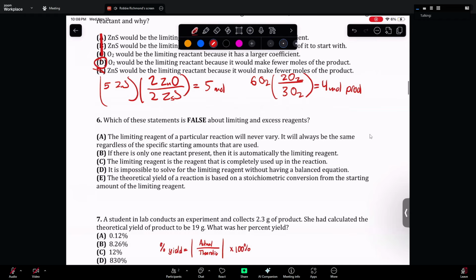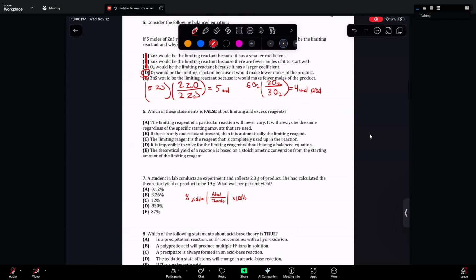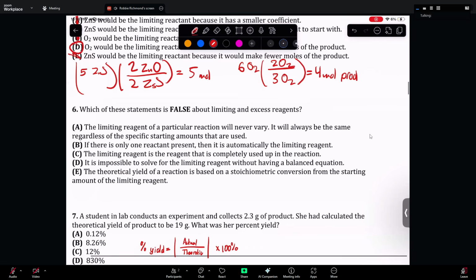Which of the following statements is false about the limiting and excess reagents? So let's see. The limiting reagent of a particular reaction will never vary. It will always be the same regardless of the specific starting amounts used.